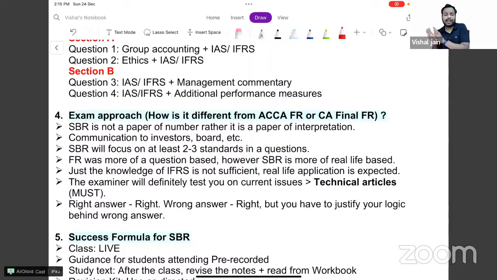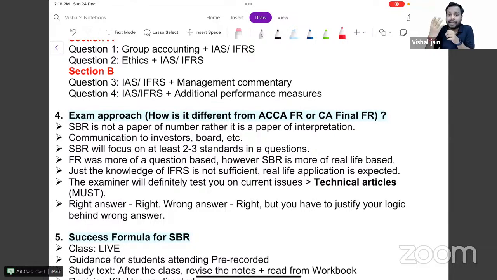Basically, ACCA is preparing you for SBR. Now when you come to SBR level, what happens? Here you are not expected to just recommend accounting treatment. Rather, you are expected to become a consultant to an entity and communicate to the investors, board of directors, and stakeholders.